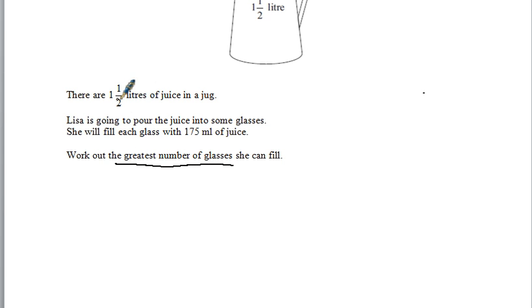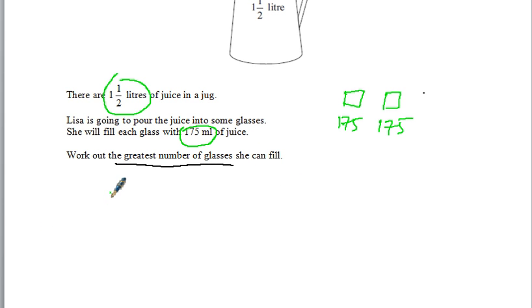Obviously we talk about liters, and you should react to liters and milliliters. Look, here is liters of juice, right? And 175 milliliters of juice. So imagine you have glasses, 175 milliliters each. How many glasses can you fill from this jug?